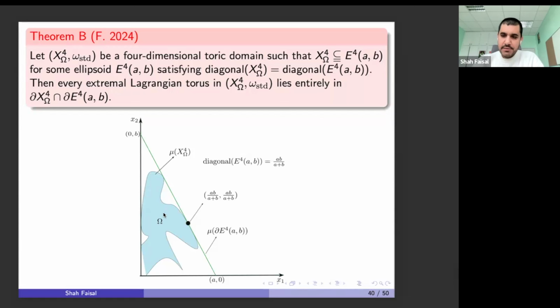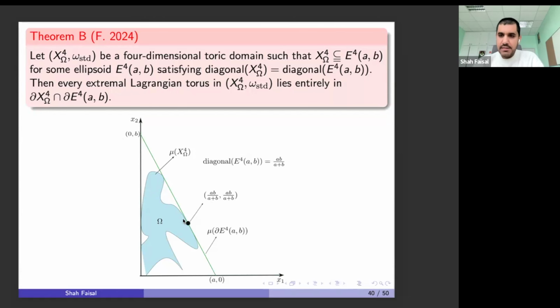If I take any extremal torus in this picture, by extremal, I mean a Lagrangian torus with symplectic area at least the diagonal of the ellipsoid, which is this number, then it will be contained in the intersection of the boundaries of the toric domain with the ellipsoid. So it can either lie here or here.